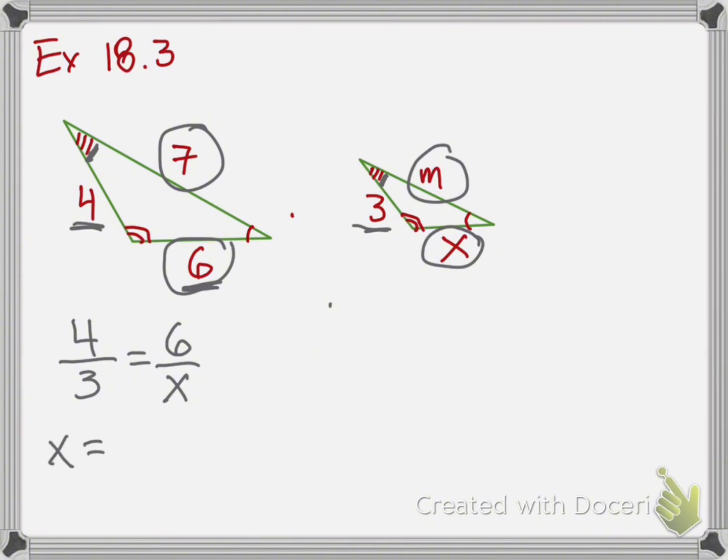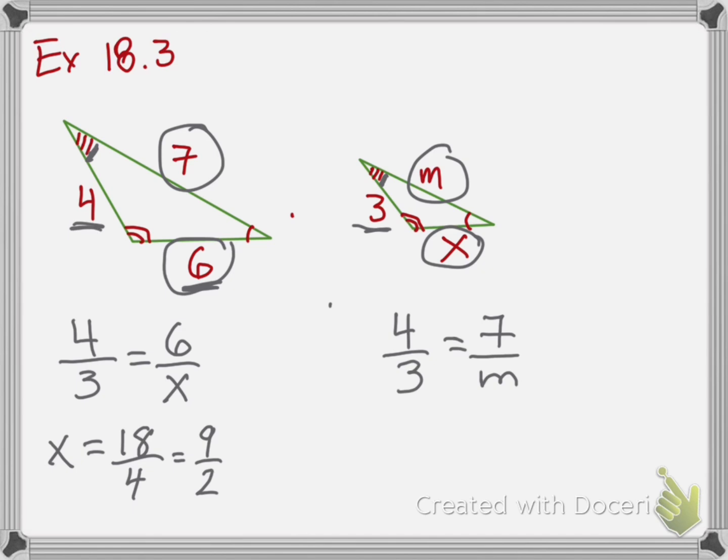Now we cross multiply. 6 times 3 is 18 divided by 4, which reduced would be 9/2. Remember always to reduce your answer. Now we use the same fraction, 4/3, to then find m, and we have to put 7 over m. Now notice the order is important.